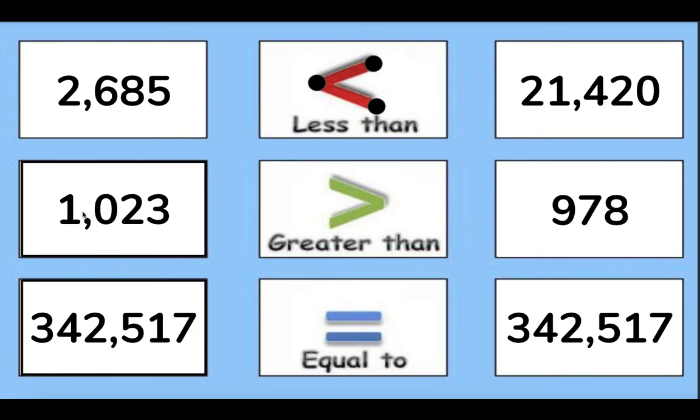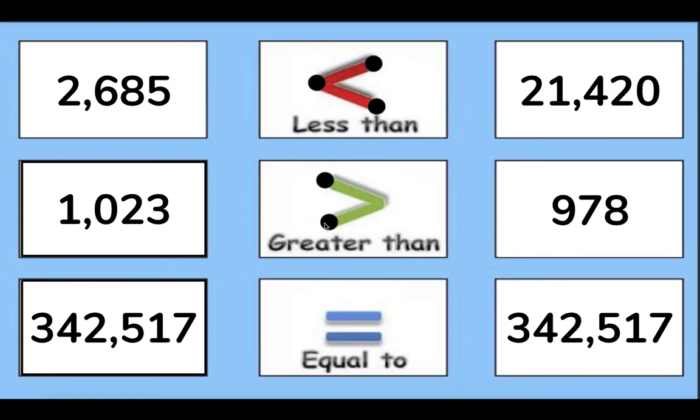So down here, let's look. 1,023, we've compared it to 978, and we notice that 1,023 has one group of 1,000, but 978 has 0 groups of 1,000. So again, we can use our dots as a strategy.